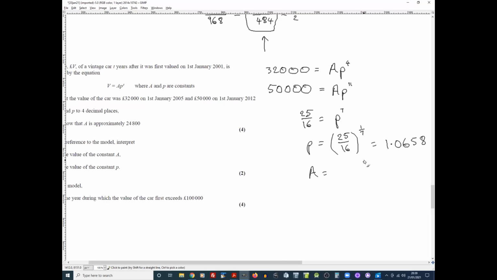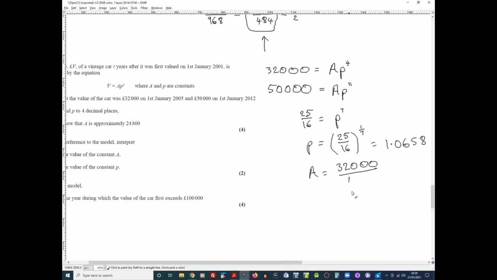So A equals 32,000 divided by P to the 4, and we know P. A equals 32,000 over that value to the 4.